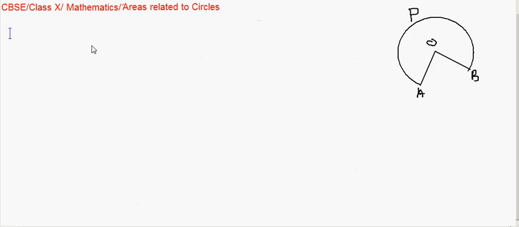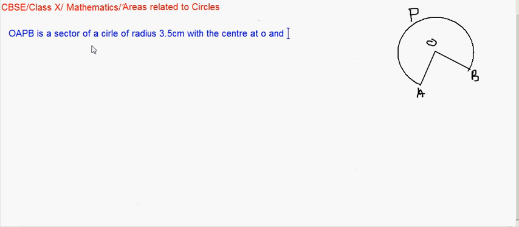Let me now write down the question. It says OAPB is a sector of a circle of radius 3.5 centimeter with the center at O, and angle AOB is equal to 120 degrees.